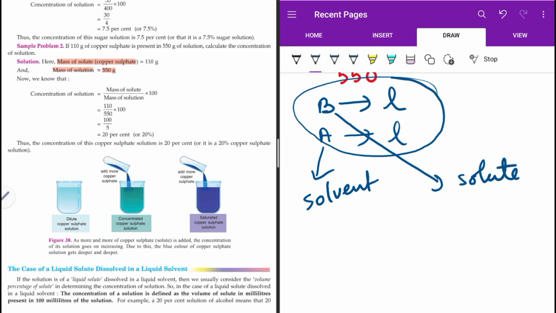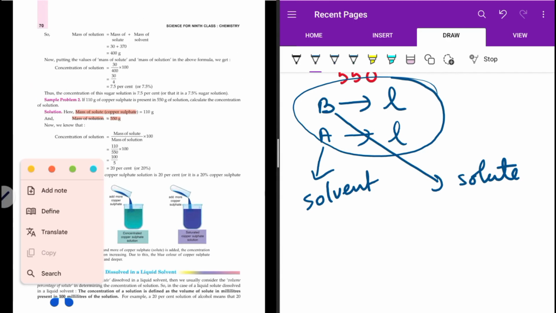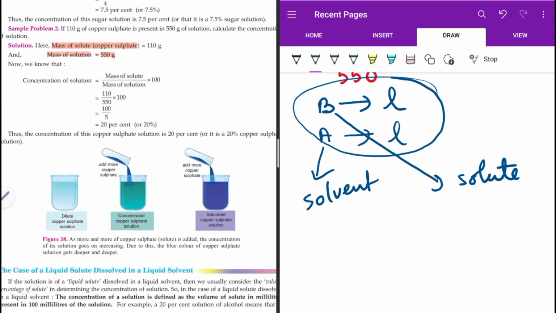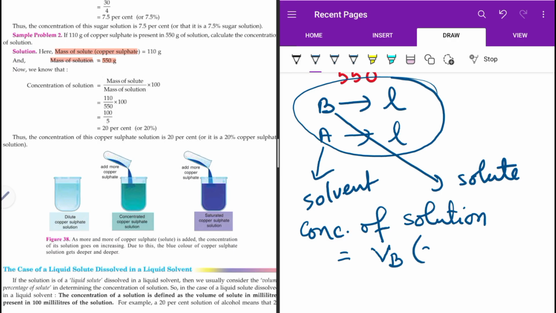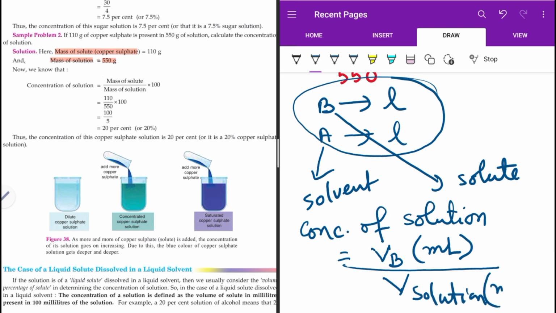So for such a solution, the concentration of the solution is defined as the volume of solute in ml divided by volume of solution in ml, into 100.